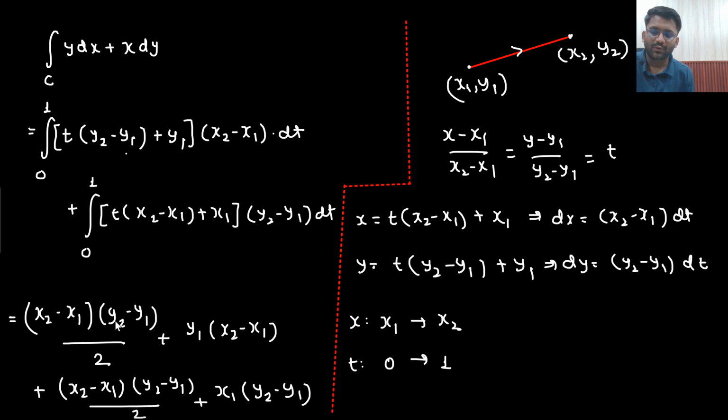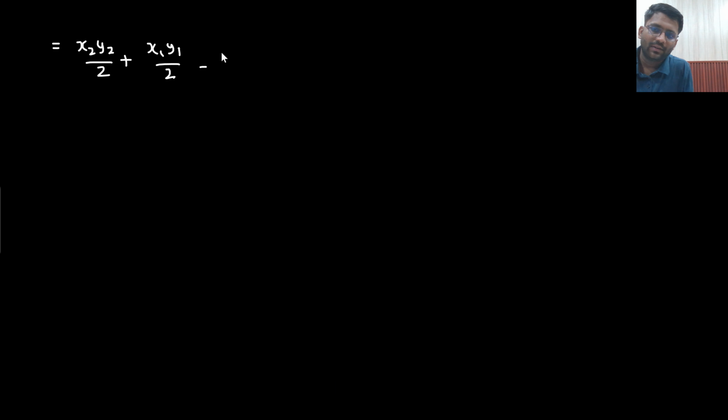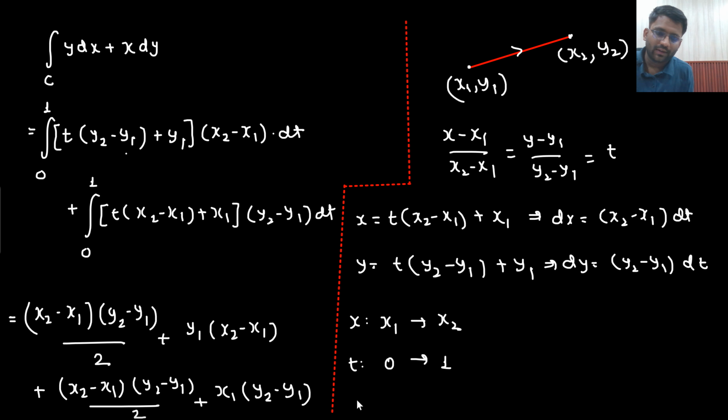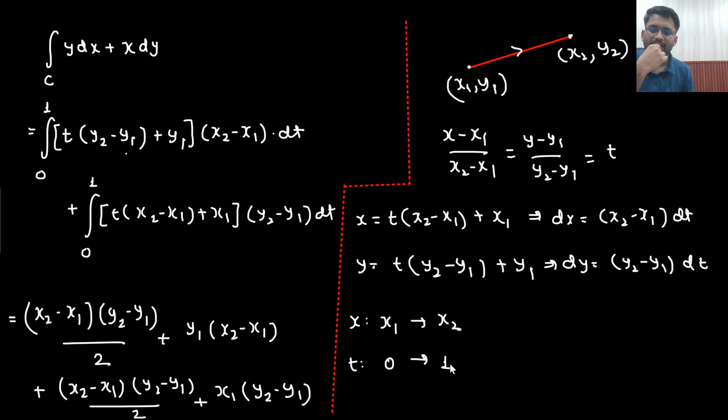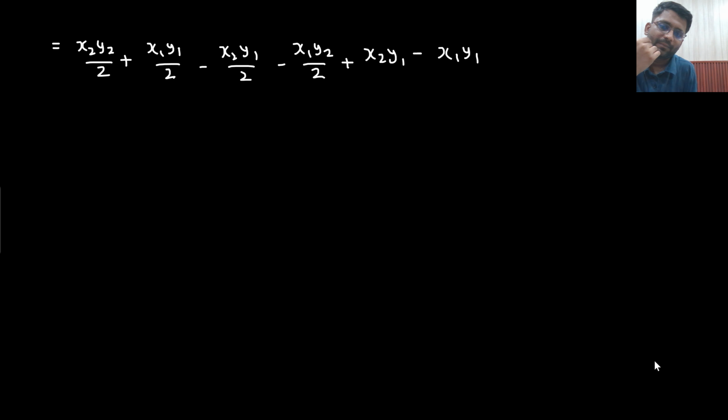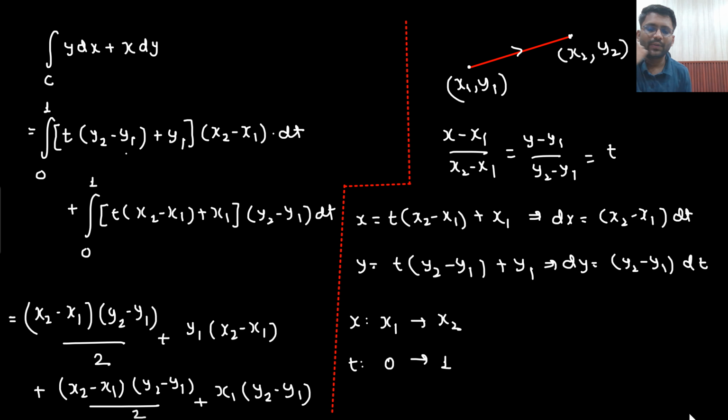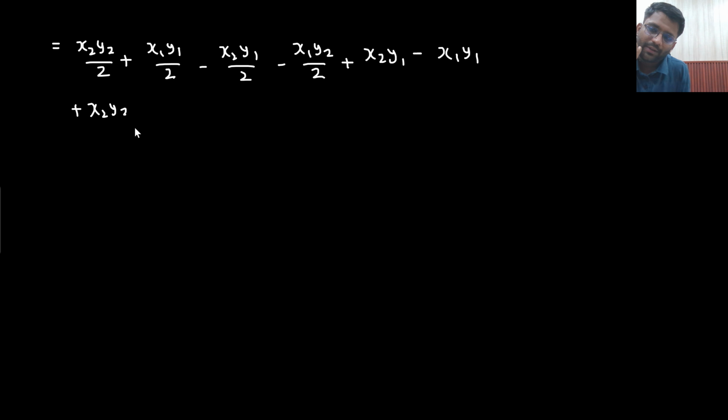Minus x2 y1 divided by 2, minus x1 y2 divided by 2, plus x2 y1 minus x1 y1, plus x2 y2 divided by 2, plus x1 y1 divided by 2, minus x1 y2 divided by 2.